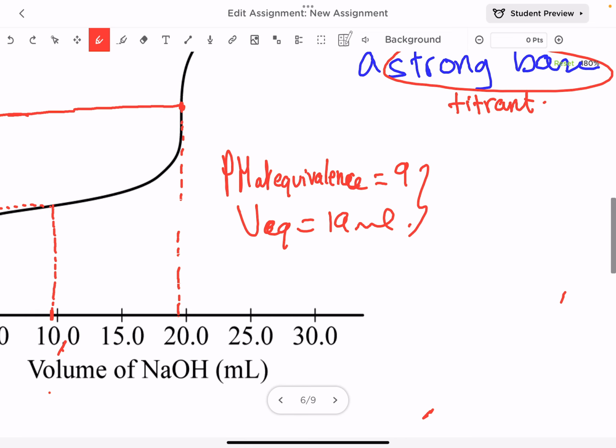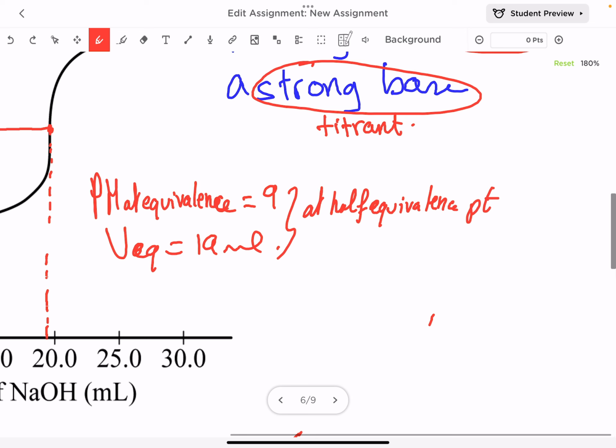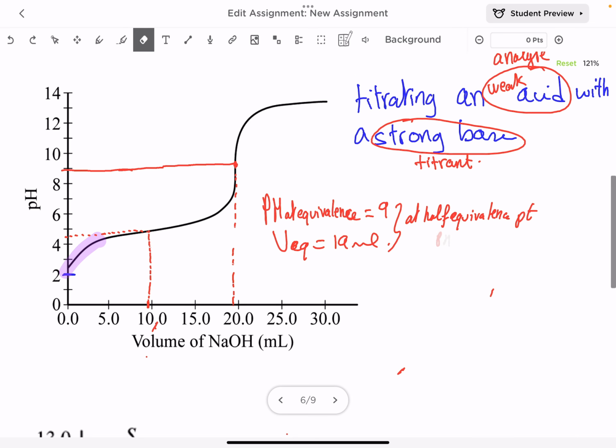So at half equivalence point, when the volume is 9.5 milliliters, at that stage pH equals pKa, and according to the graph it is maybe 4.5.